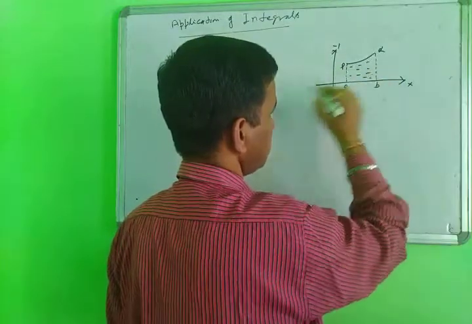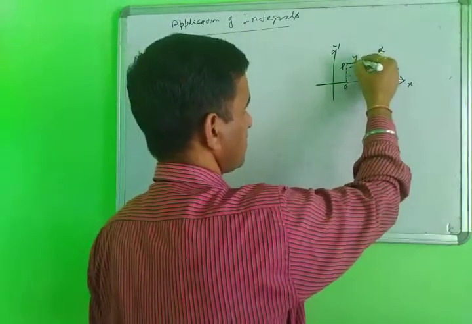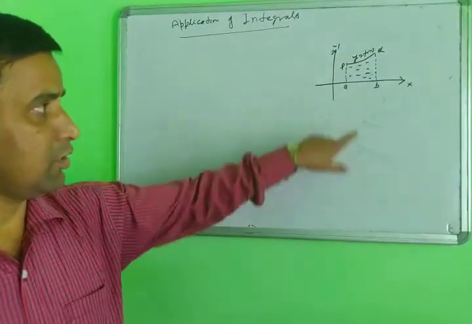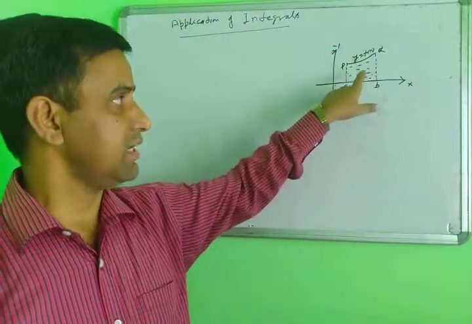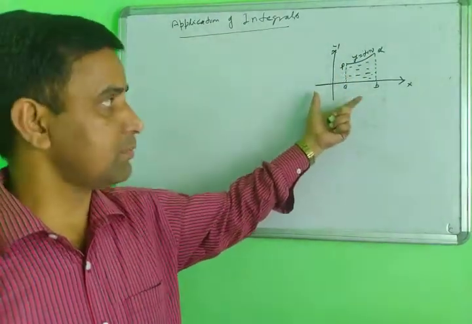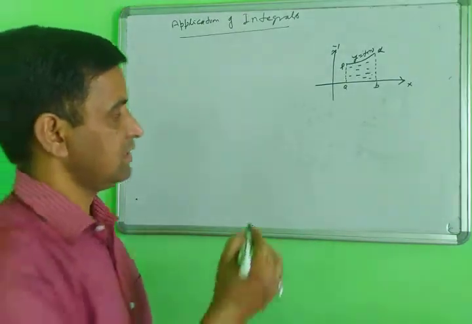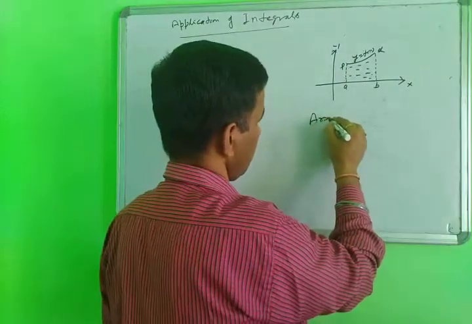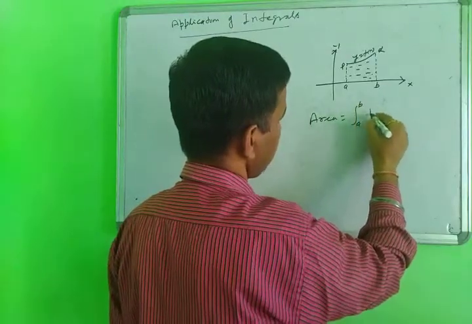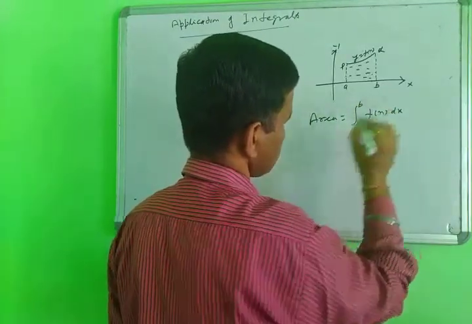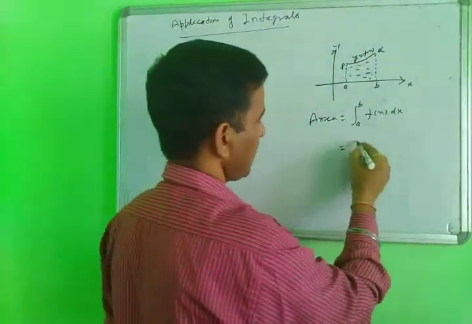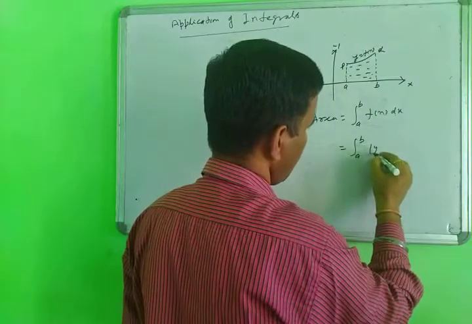The equation of this curve is y equal to f(x). How to find the area of this bounded portion? You will use the tricks of integral calculus. So now the area equals the integral from the lower limit to the upper limit of f(x) dx. Or, since the value of f(x) is y, you can write the integral from a to b of mod y dx.